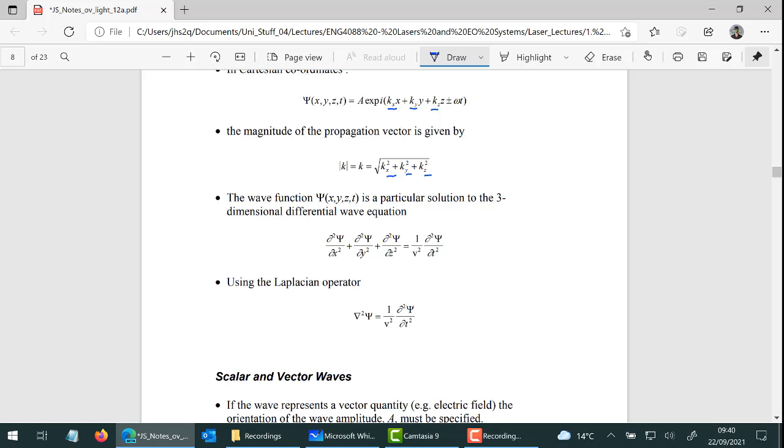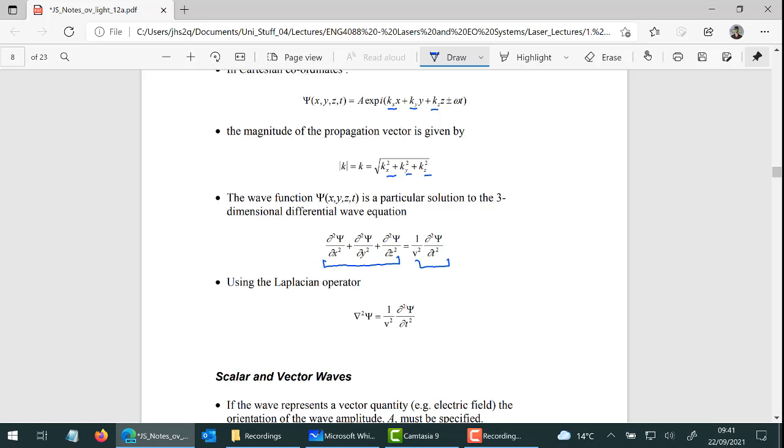If we increase this to 3 dimensions rather than just thinking about one-dimensional travel, for example travel along one of the axes, then we also have to think about the wave equation as it depends on space, and as we've seen before, as it depends on time.